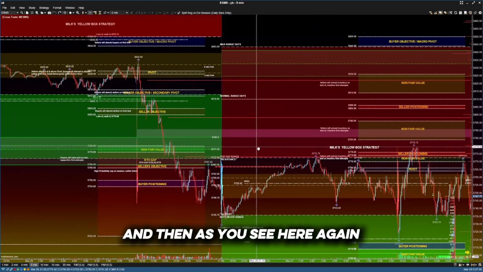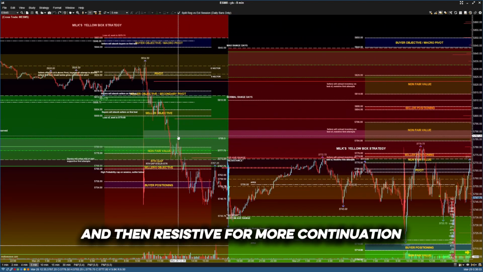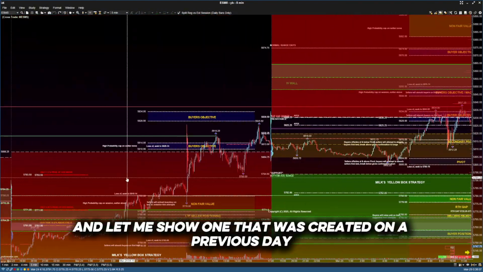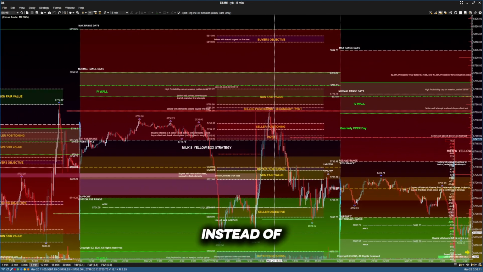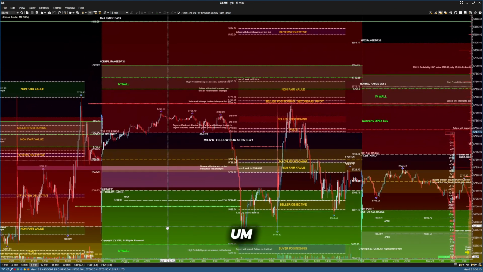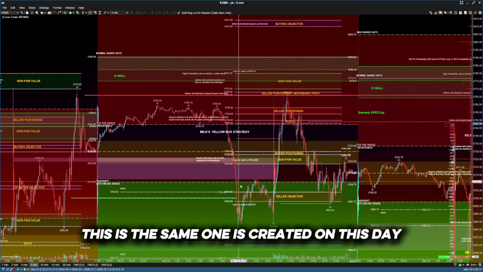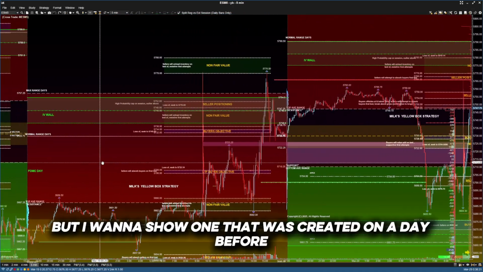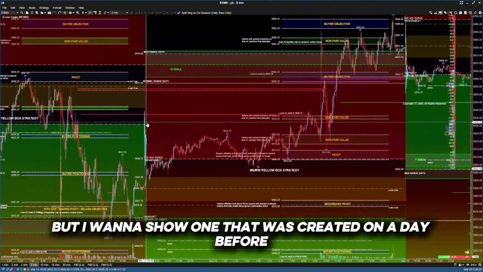And as you see here again, we created this, and then it was resistive for more continuation. This is the same one created on this day, but I want to show one that was created on a day before.